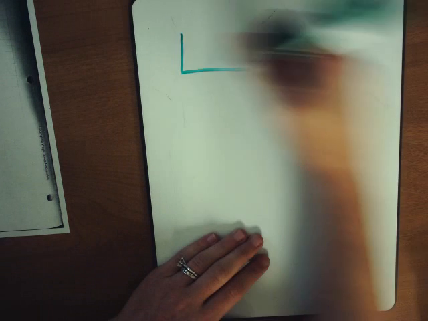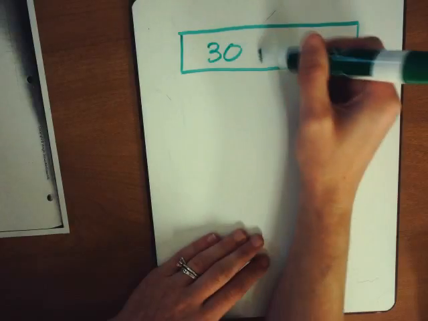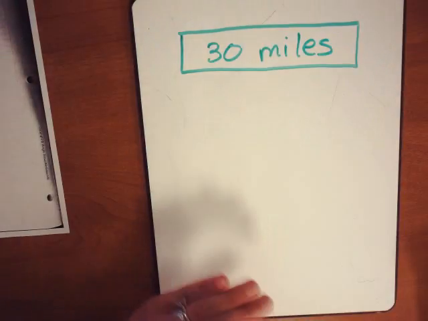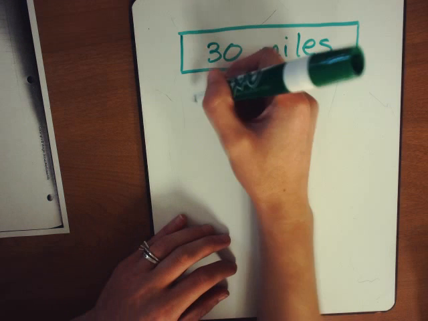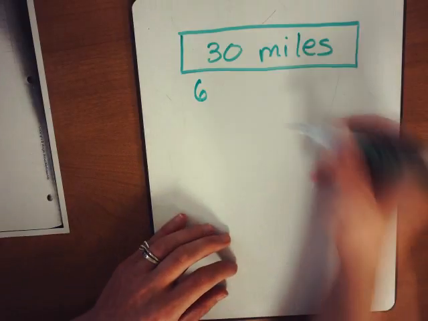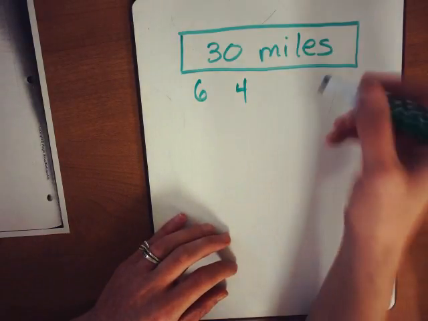So I've got my total, the goal, 30 miles. She's gone for a 6-mile run, a 4, a 7, and a 5.